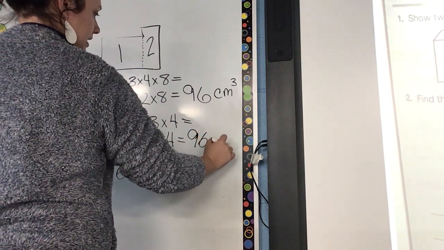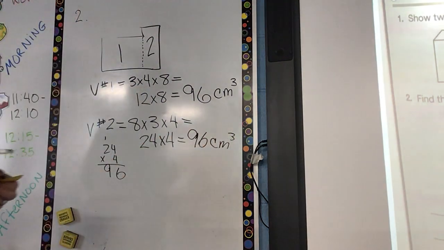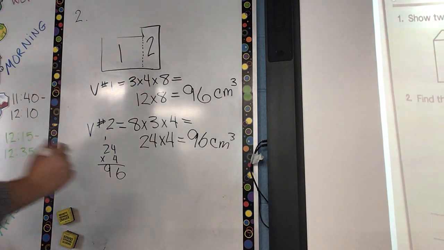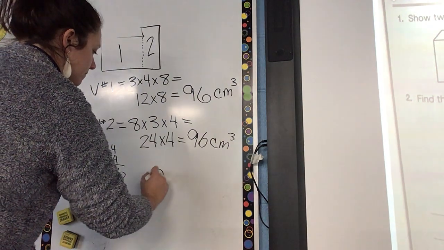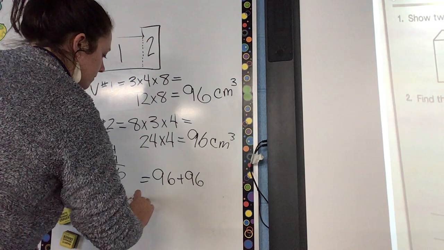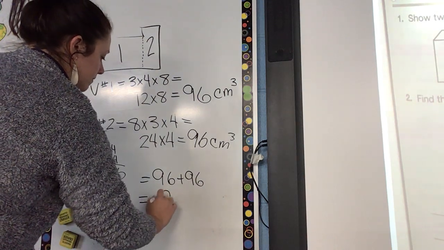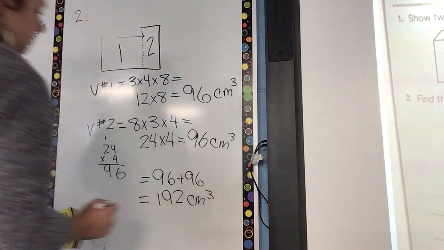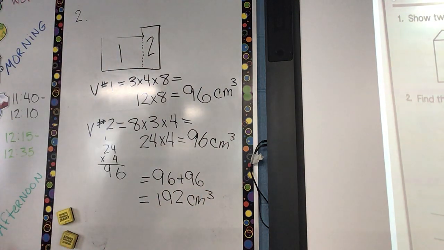What are the odds? I got 96 twice. Am I done? Oh, you need to add them. What is 96 plus 96? 192. We are done.